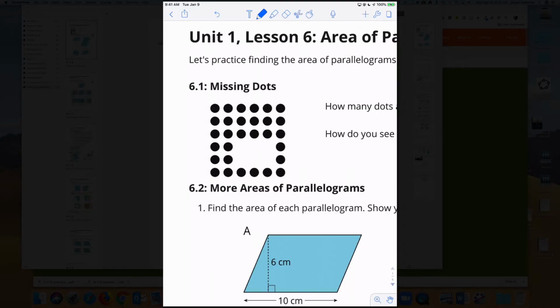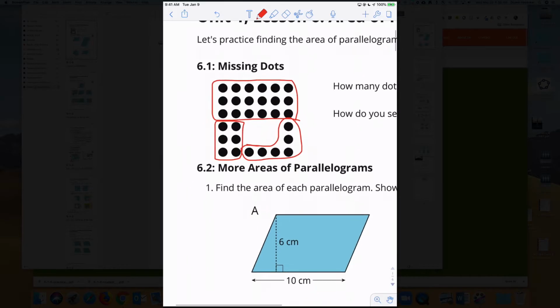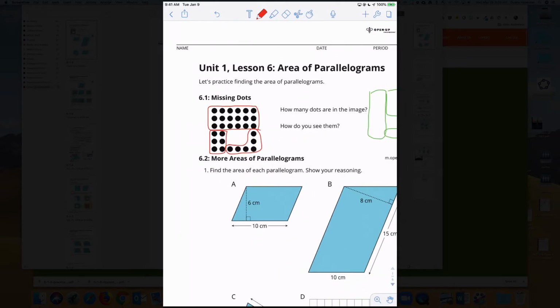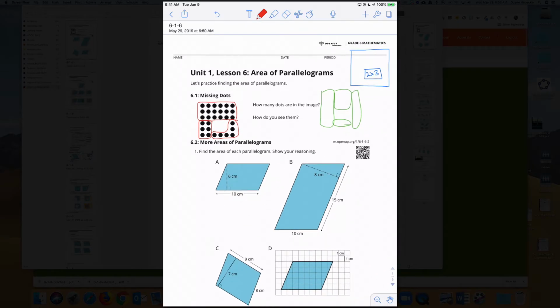There's at least one other way. I see a big old clump right there. I see a clump right here, and then maybe even I can just by inspection see that there's 6 right there. So there's a variety of ways for how students might see the dots in that figure and then count them.